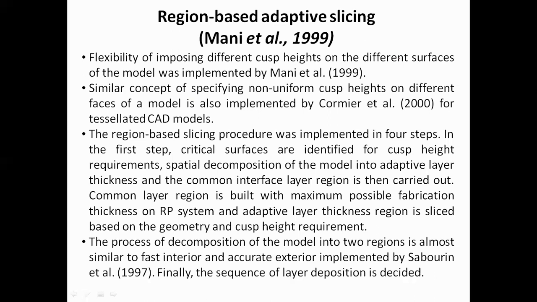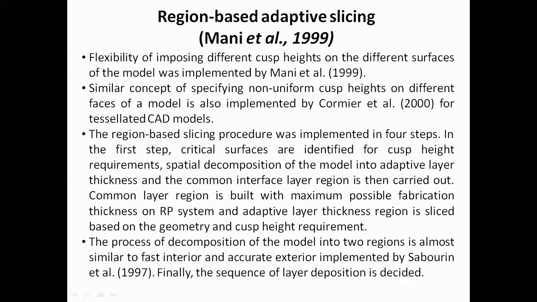So slicing two regions was taken from Sobrun's idea, and based on these two concepts, region-wise slicing and interior and exterior-wise slicing was done. Finally, you did an optimization based on which value of layer thickness comes out to be the most common, and that value was selected as the optimal value for the layer deposition.